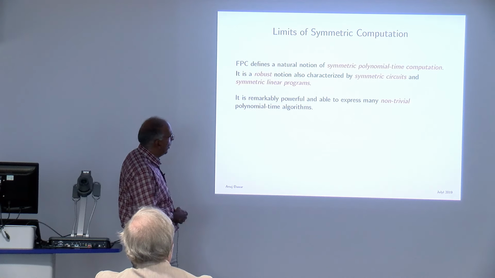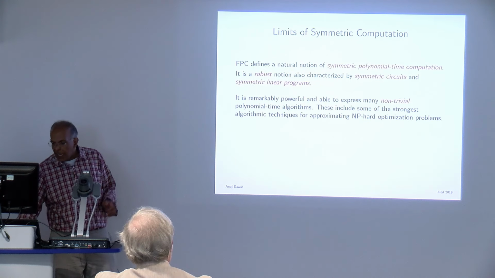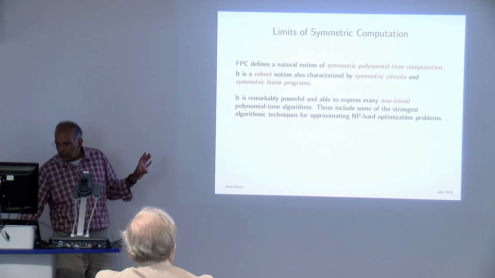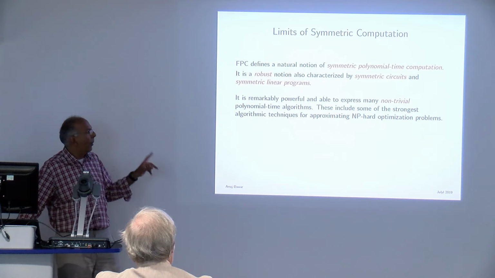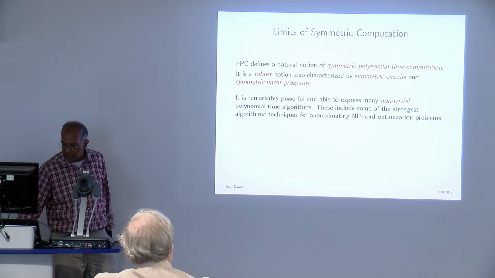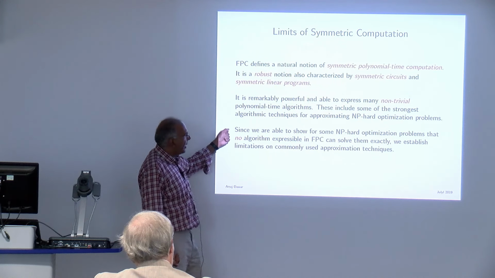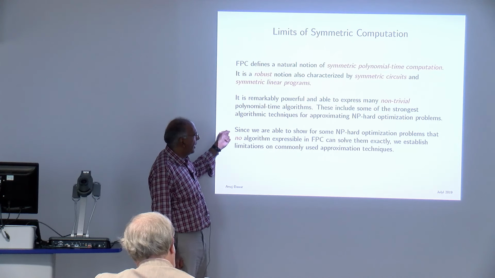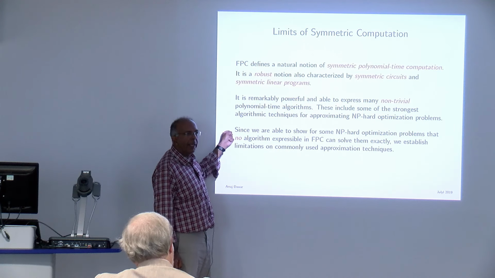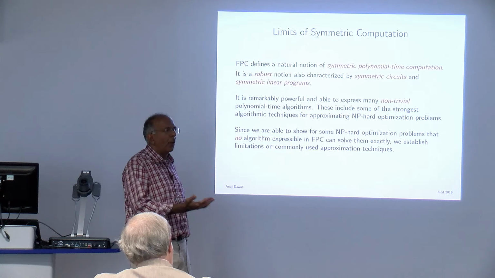Many non-trivial polynomial time algorithms can be translated into it, including some of the strongest methods for approximating NP-hard optimization problems. I didn't tell you about approximation. That's another line of work. But yet, because we can prove categorically that for some problems they're not expressible, it shows that these powerful algorithmic methods cannot solve something.